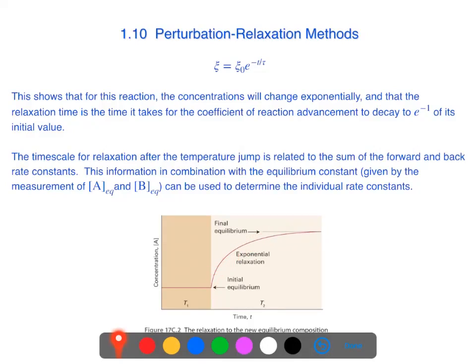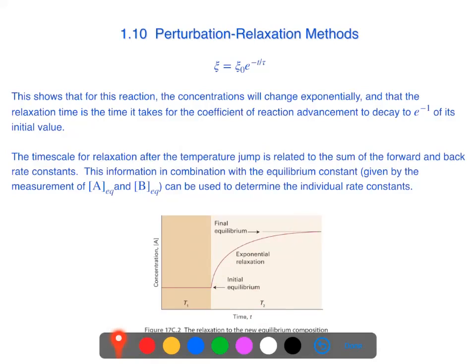We can't determine explicitly what k1 plus or k minus 1 plus is. We can only determine the sum from this exponential growth as shown here, or exponential decay, just depending on the thermodynamics of the system. But if we know what the equilibrium constant is at the new equilibrium, that is, what is the ratio of concentrations of A and B at T2, we know that that is equal to a ratio of the rate constants.